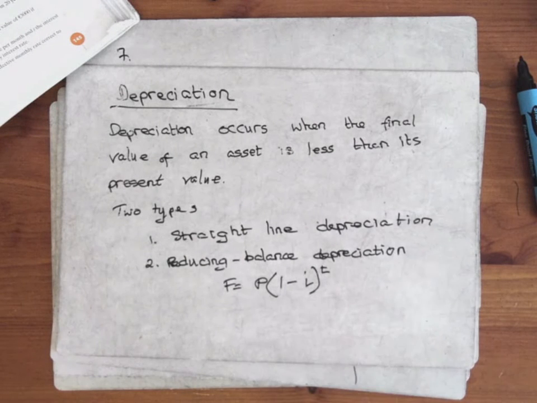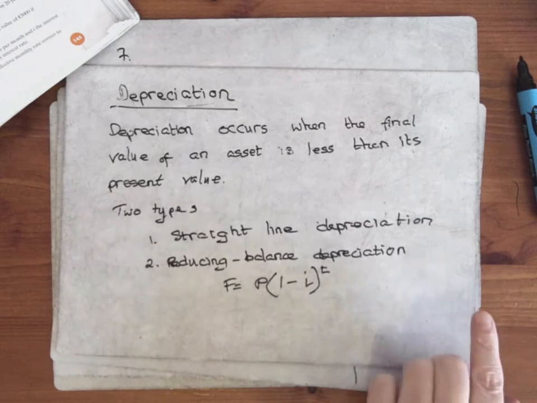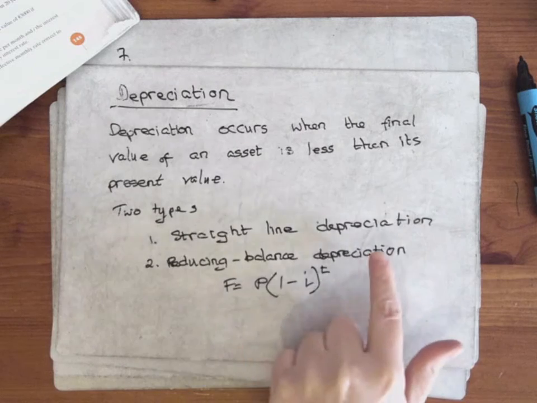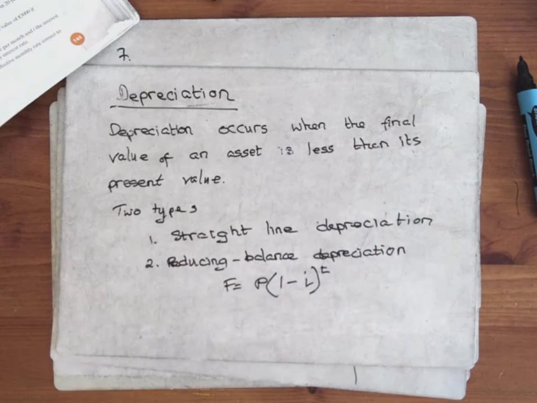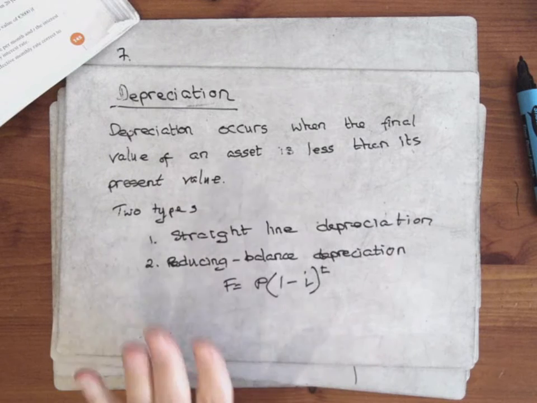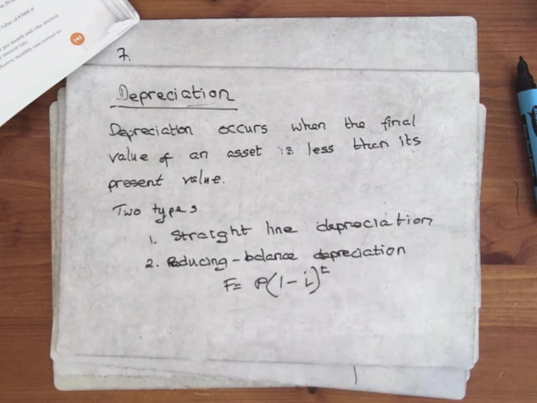So you buy your car this year for 2,000, next year it's worth 1,500, the next year it's worth 1,000, the next year it's worth 500, the next year it's worth 0. So straight line depreciation is when it loses a set amount every year, and you'll be asked nothing about that because it's easy, it's too easy. So straight line depreciation is just using a set amount each year, so it'll lose 500 euros every year, or it'll lose 100 euros every year, or etc.